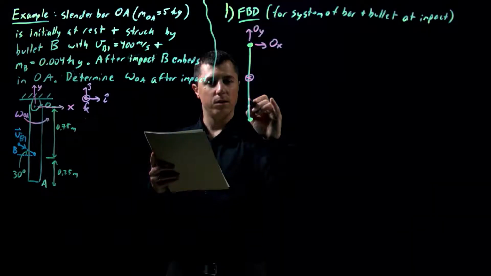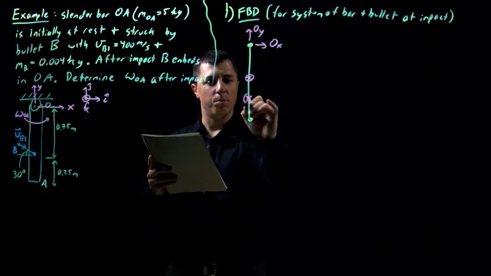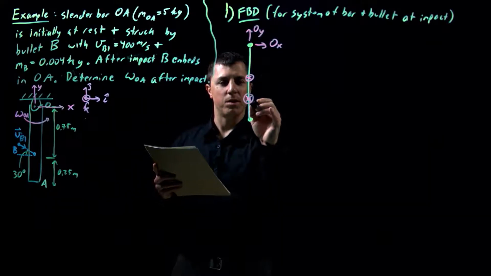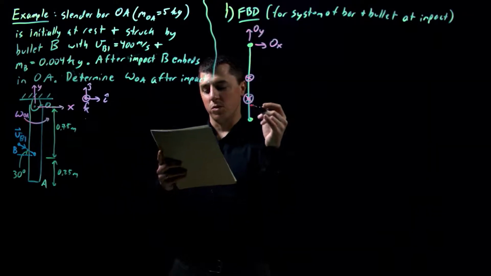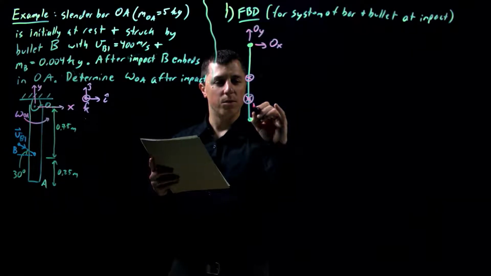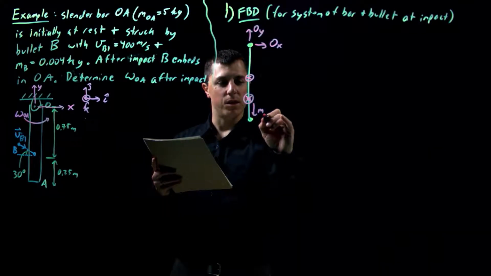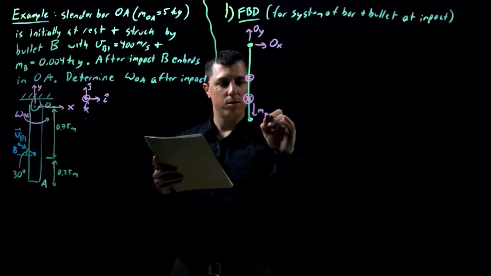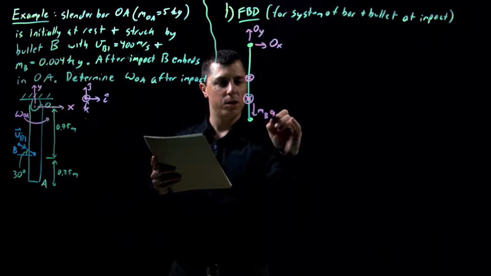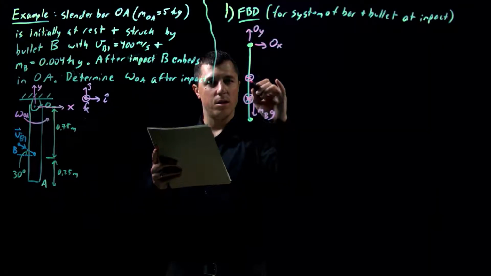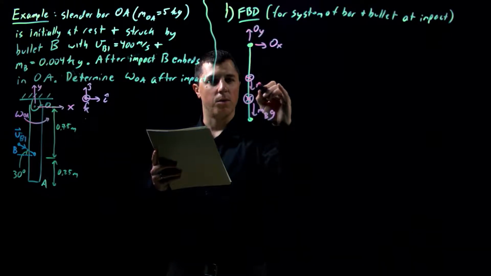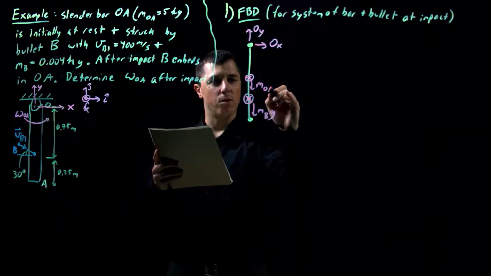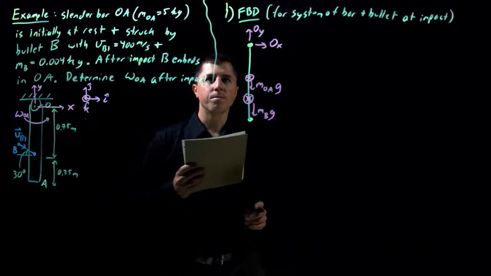And then down here, where the bullet is, represented by maybe a dot together with its center of mass, it's just a particle. So here we have the weight of the bullet, mass of the bullet times g, and this one should probably be a bigger arrow, that one's much heavier, mass of OA times g.